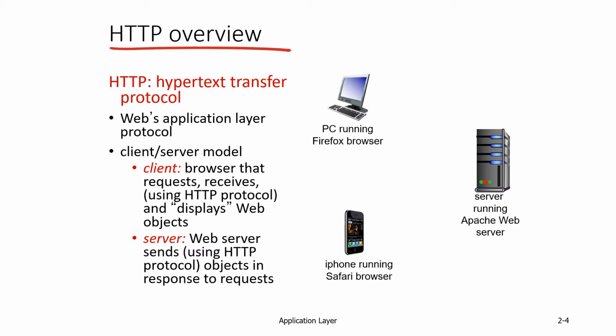It could be running on a mobile phone as well. Whereas your server is usually running some kind of web server or HTTP server software. One of the most prominent web server software available these days is the Apache web server, which is open source, not proprietary, and it can be easily installed on any Linux-based system, especially Ubuntu.